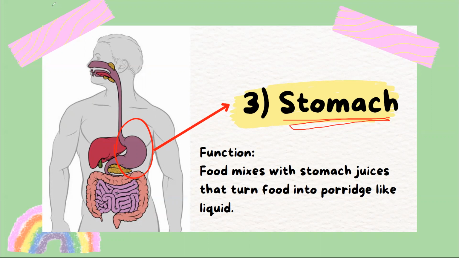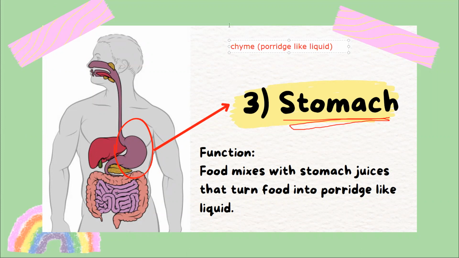Let me type it here so you know how it's pronounced. It's pronounced chyme. Chyme is a porridge like liquid that is the product after the process in the stomach.